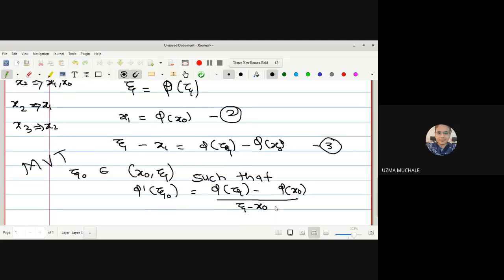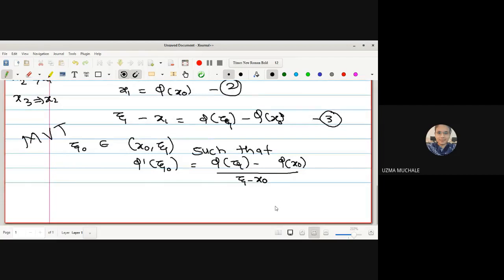This is with the help of the mean value theorem. Now we can write this as phi of zeta minus phi of x naught is equal to phi dash of zeta naught into zeta minus x naught. Now we can name this as equation 4.